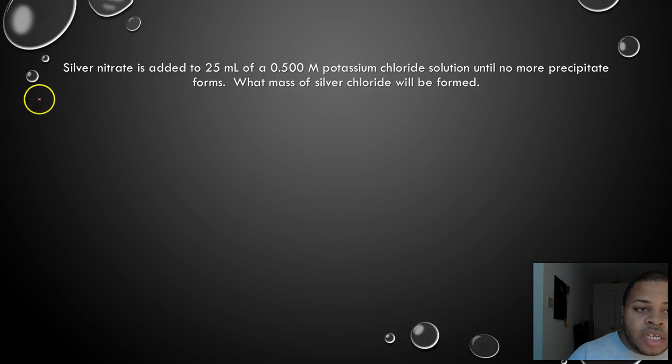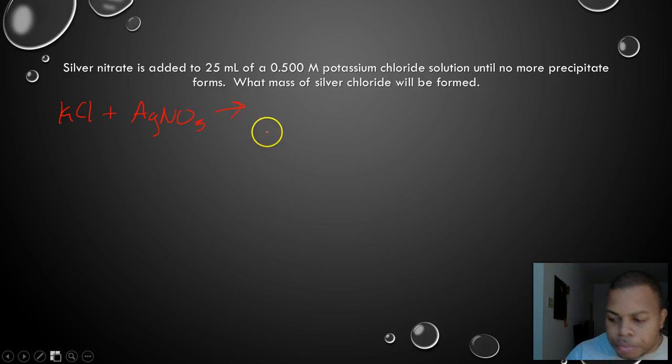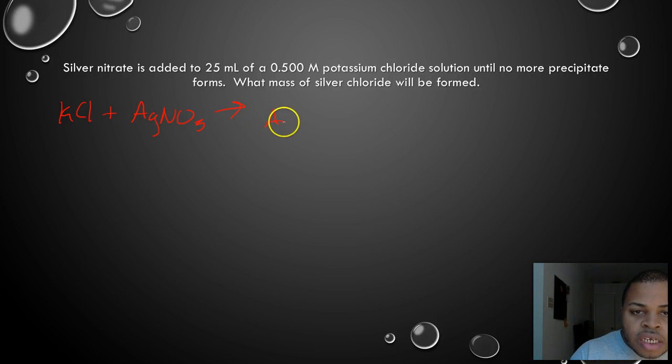Now, I'm going to go ahead and start off with my reaction. So I have potassium chloride plus silver nitrate, AgNO3, is going to yield silver chloride plus potassium nitrate, KNO3.